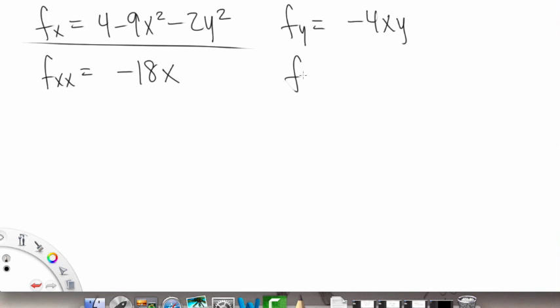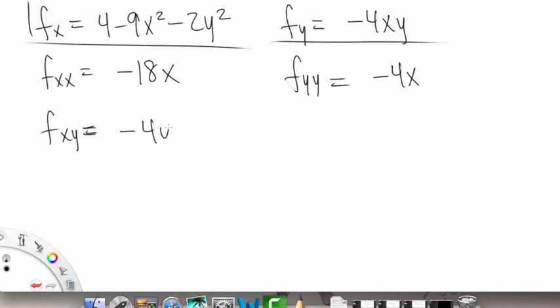For f_yy, we take the y derivative of f sub y, which is negative 4x. Now f_xy: taking the y derivative of the first one, we get negative 4y. And f_yx is the x derivative of f sub y, which is a negative 4y.